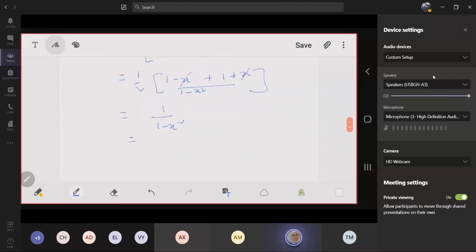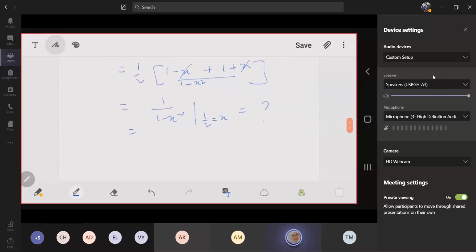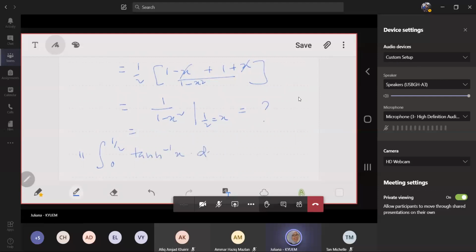And then when you put in half, you get whatever. Okay, and then integrate this, the second part, integrate from 0 to half tangent to the minus 1 of x dx.